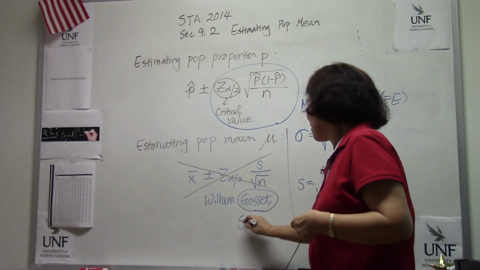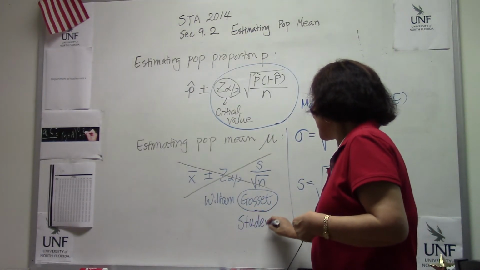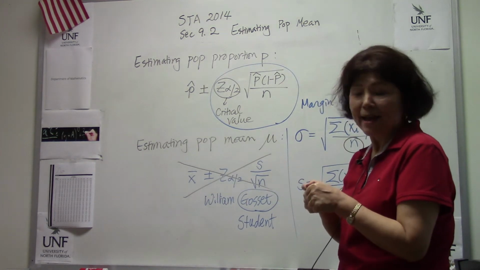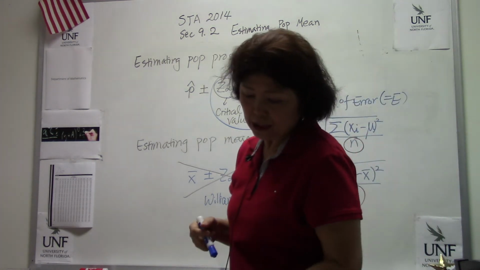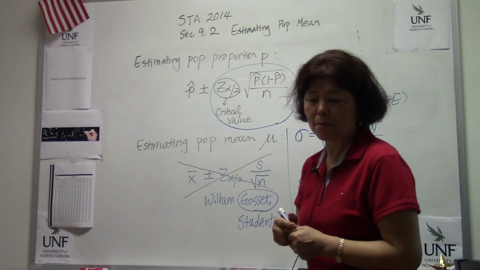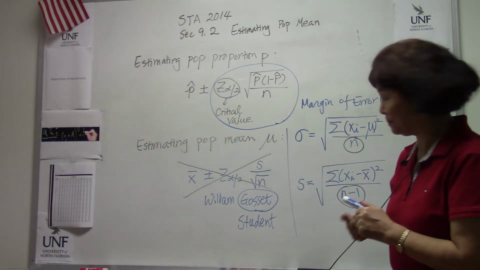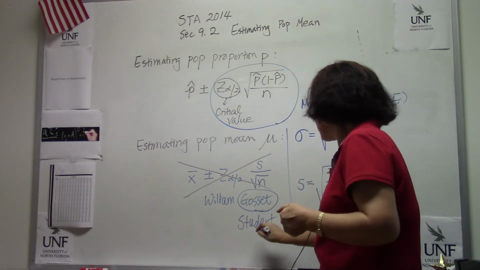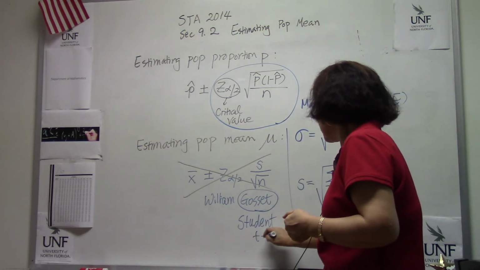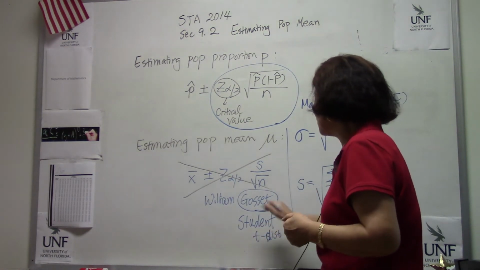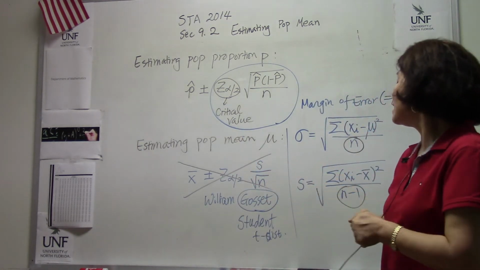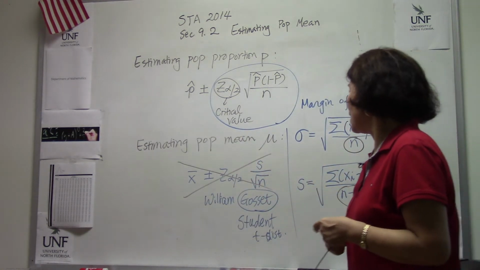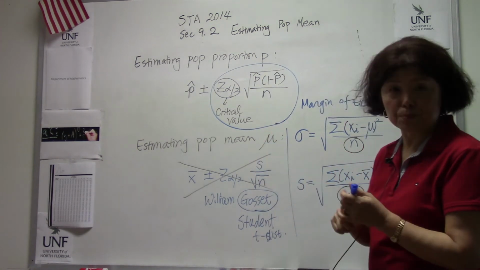He used the word Student instead of his last name Gossett. That's why we are going to see the Student distribution at the bottom of page 112. So when you hear Student T distribution instead of Z distribution, that means we are estimating the population mean.